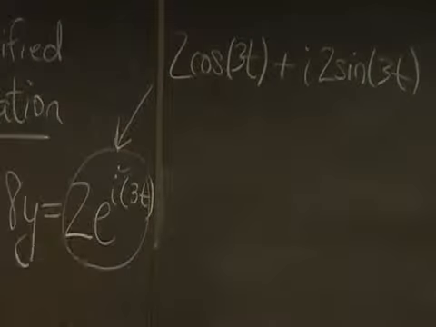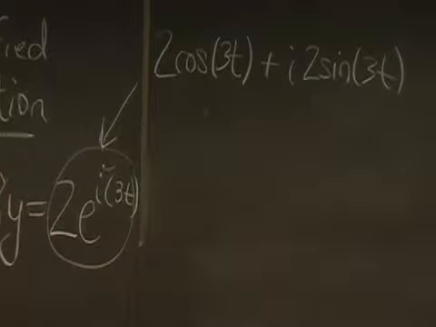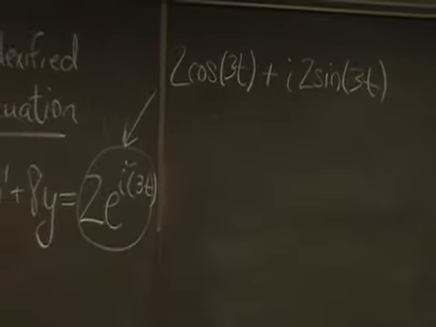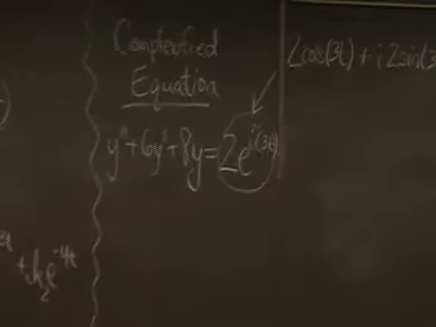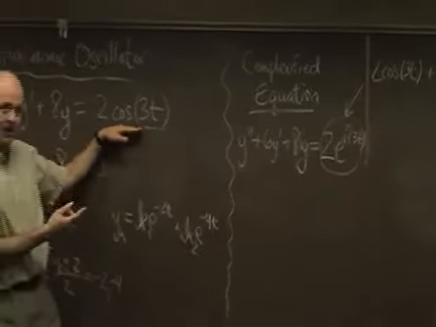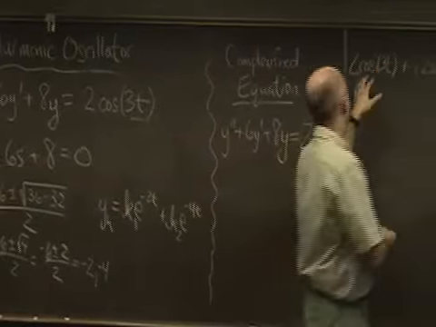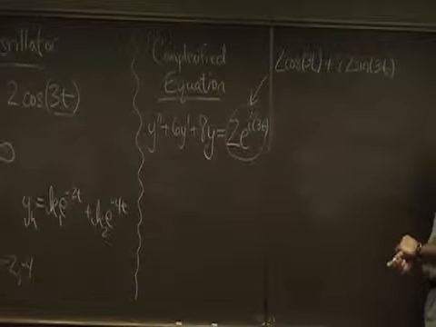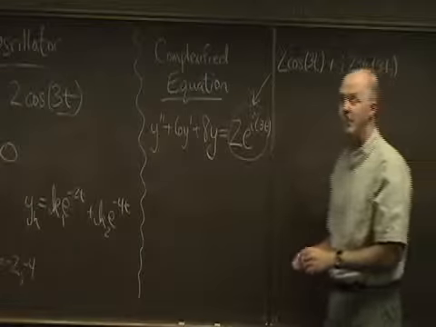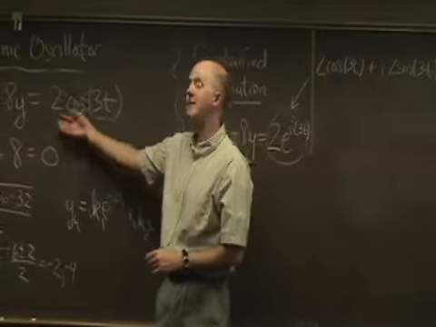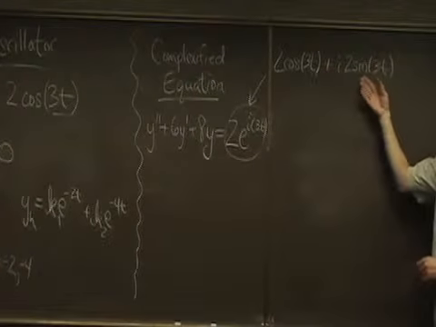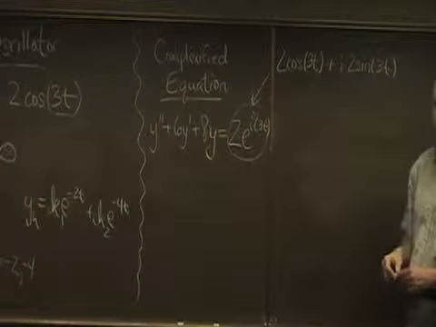And so therefore, the original right-hand side is really the real part of this new right-hand side for the associated complexified equation. If the original right-hand side had been 2 times sine 3t, then that would have been the imaginary part of this new complexified equation.